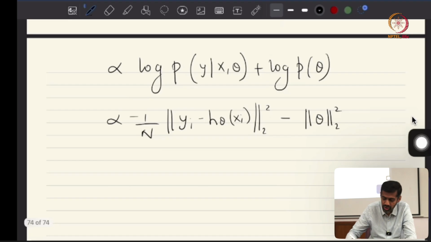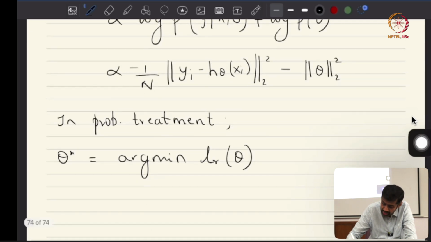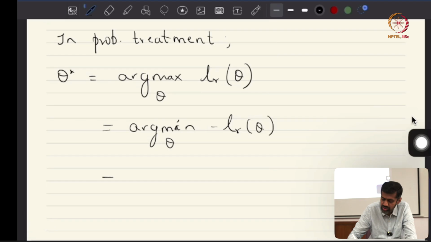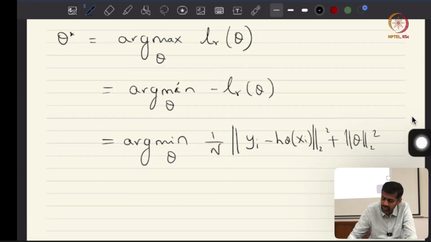Okay. What is this? So what we want to do is, in MAP or in probabilistic treatment, the objective is to obtain theta star that would maximize this log likelihood, or rather minimize the negative log likelihood, which is exactly equal to the empirical risk minimization with the regularized cost, right?